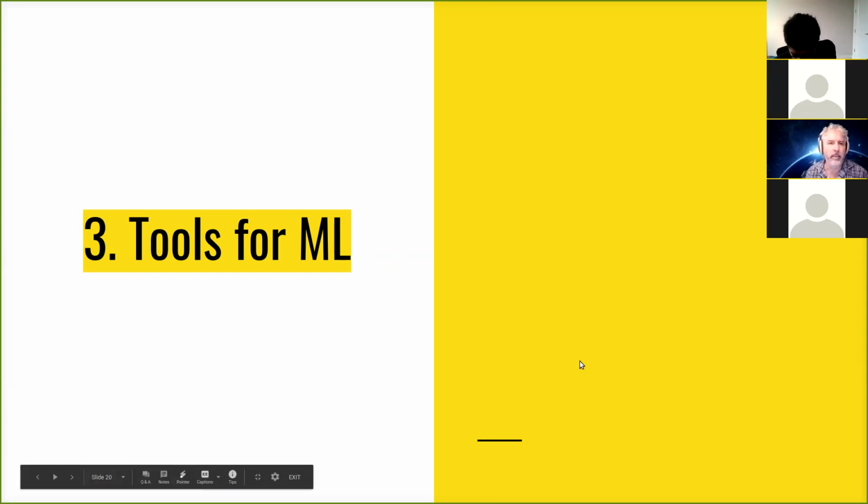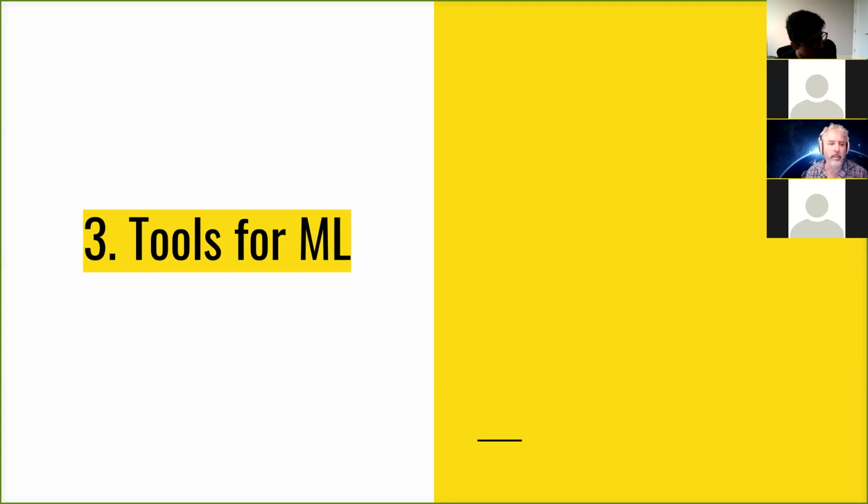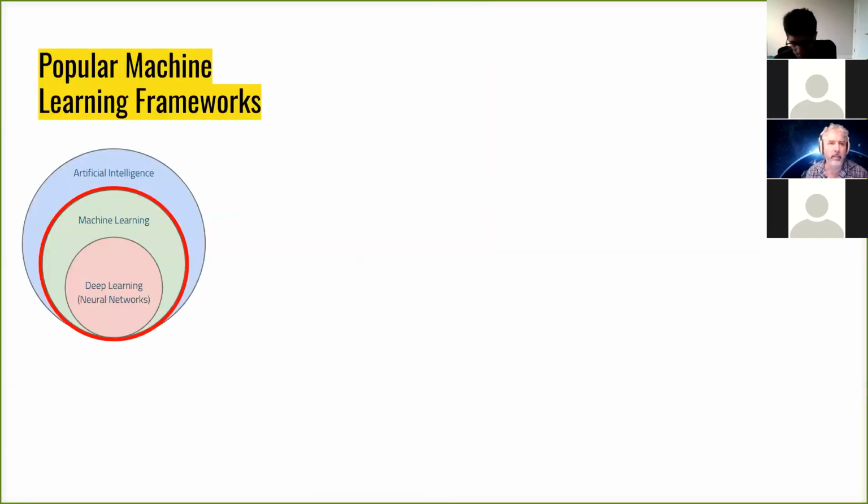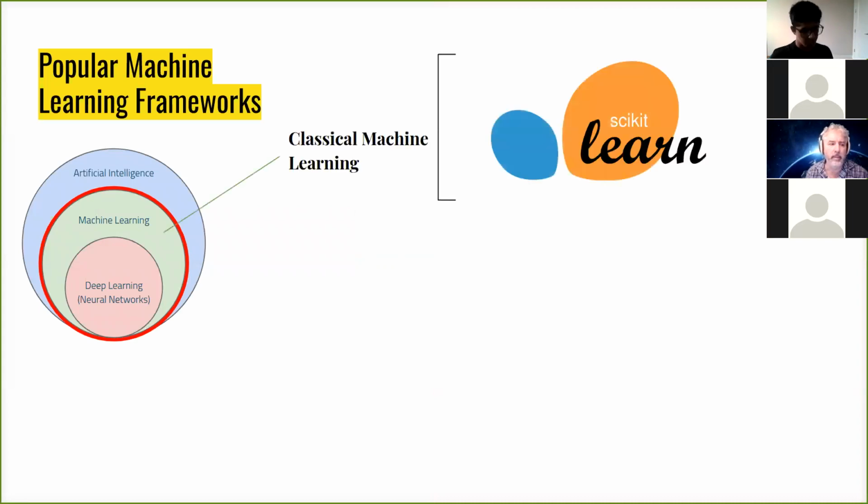So now we'll start talking about some tools that you can use for machine learning. Our focus here is on machine learning. In machine learning, some tools that are used are scikit-learn, and this involves a lot of algorithms of classical machine learning methods.